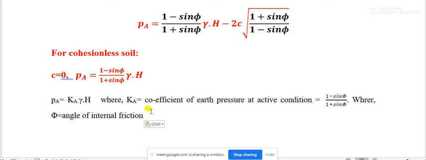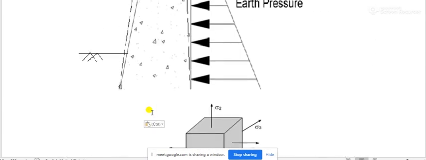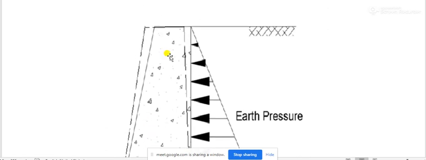This is all about the basic equations for active earth pressure which you can use to determine or to calculate the active earth pressure due to this backfill soil with a height of h and unit weight of gamma.